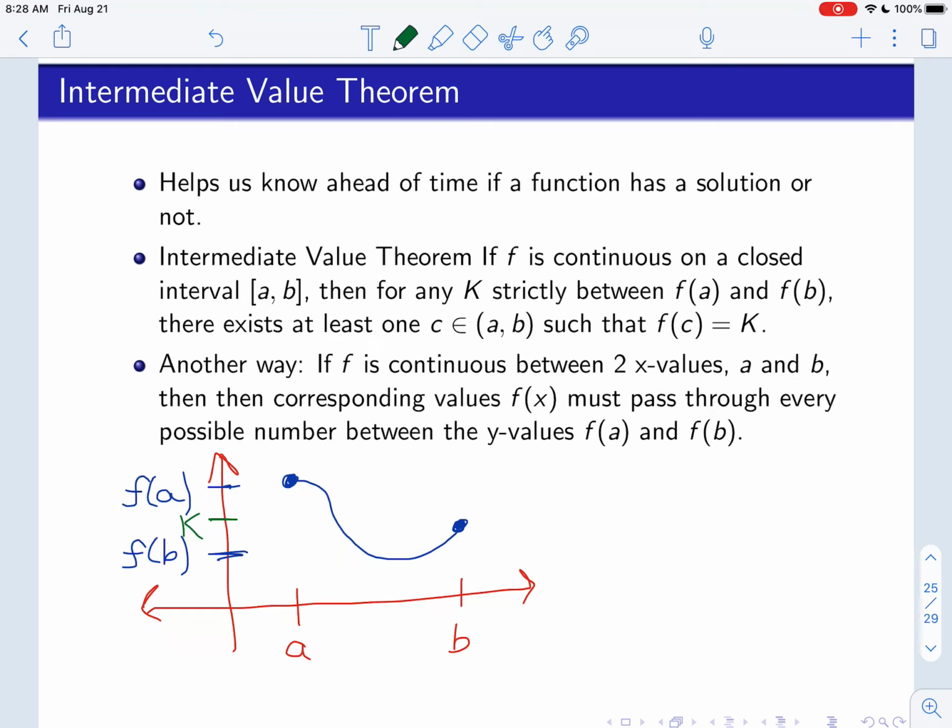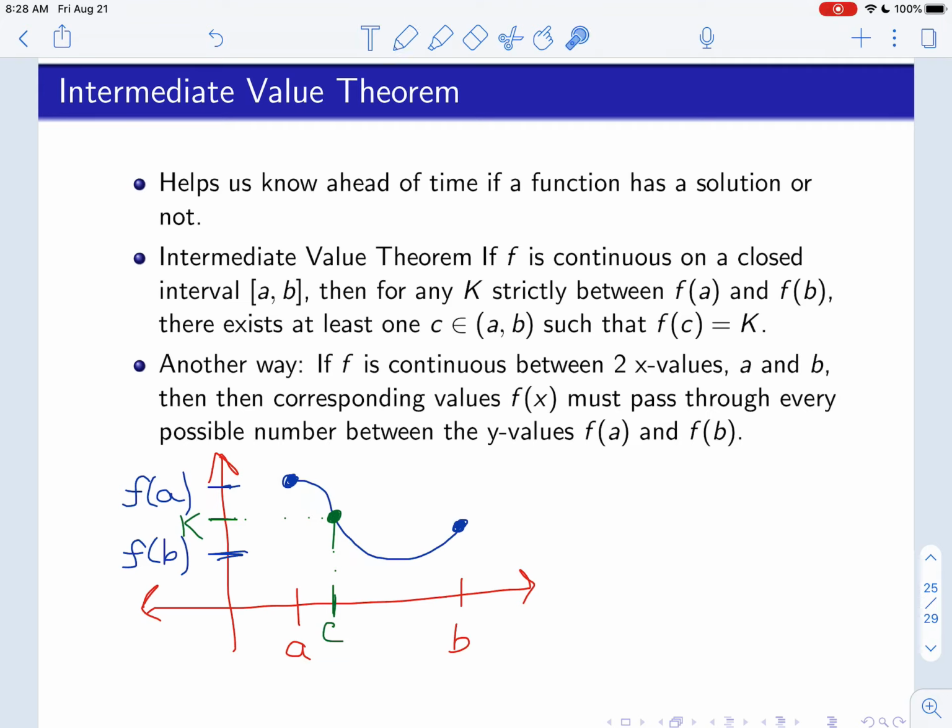So what that means is that if I follow this k line over to my graph, there's got to be some point on that graph whose y value is k. And that means that there's got to be some x value down here that corresponds to that point.